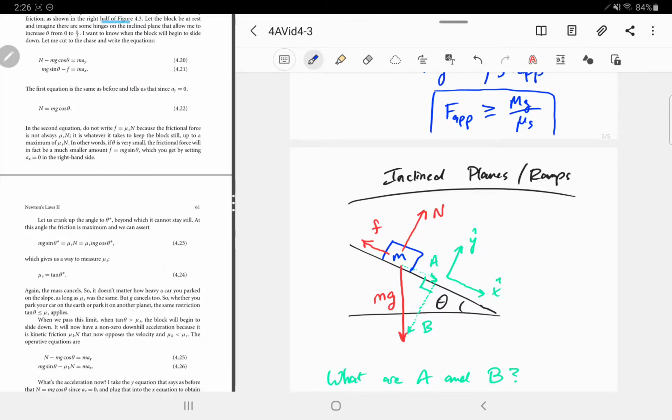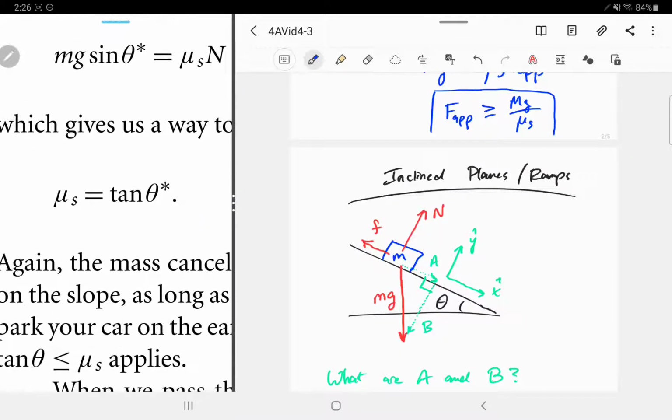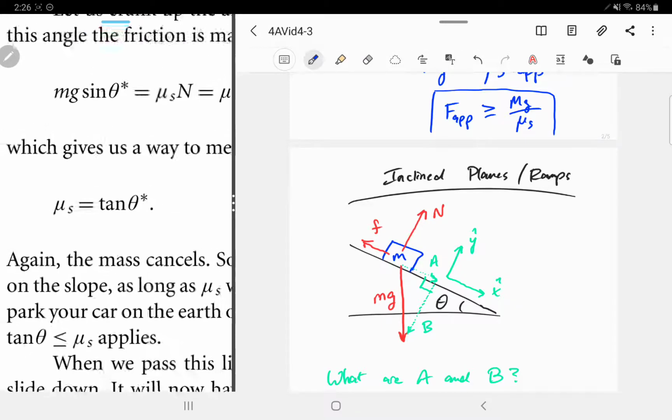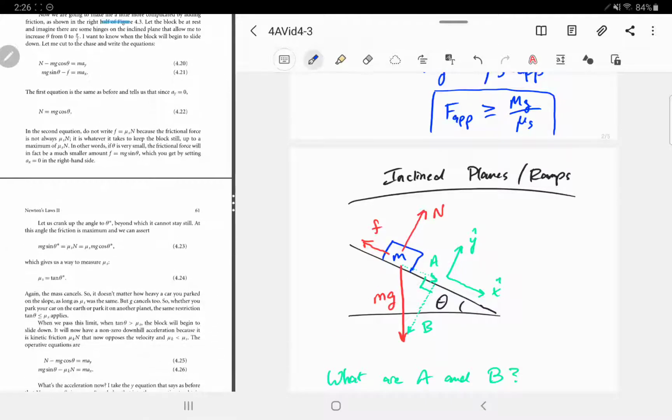Your book shows that special angle of inclination, which they call theta star, when tangent theta star is equal to mu sub s. That's when it starts sliding. So this is a way to measure a coefficient of static friction. You can take any two surfaces, one being your ramp and another being some object, keep increasing the angle and see where it starts to slip. Take the tangent of that angle, and that's the coefficient of static friction.